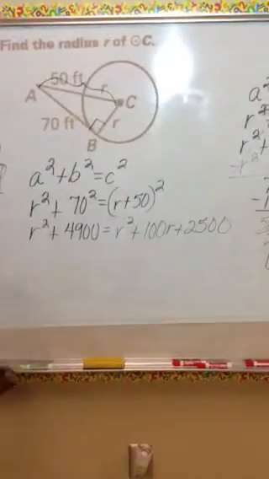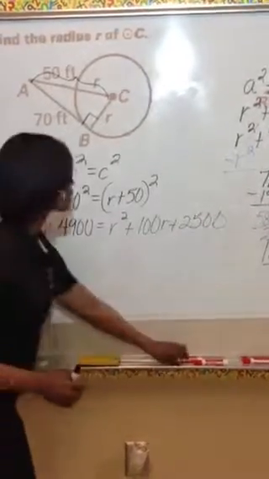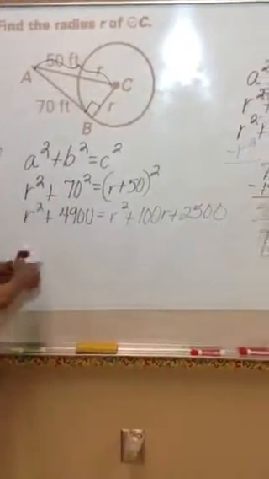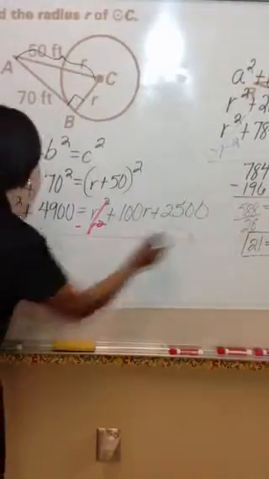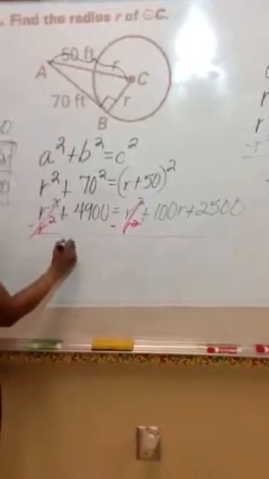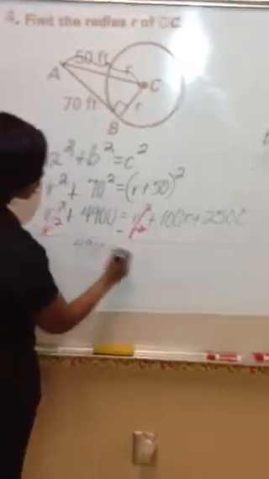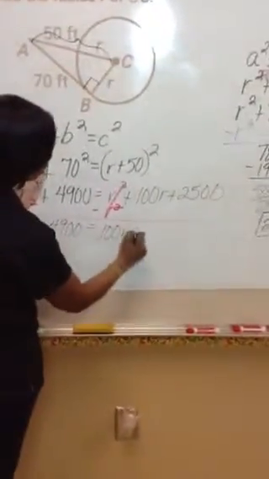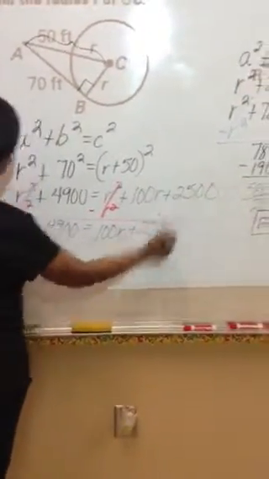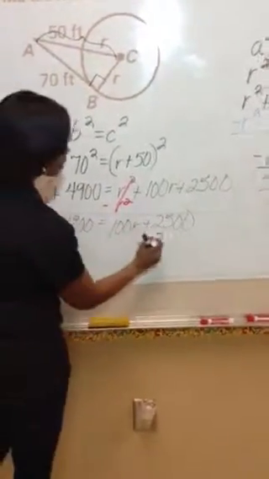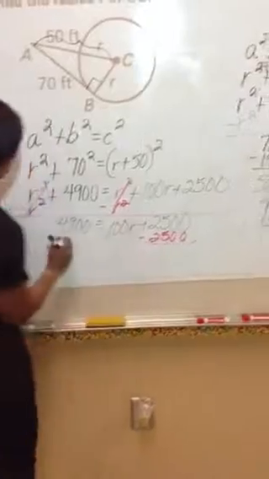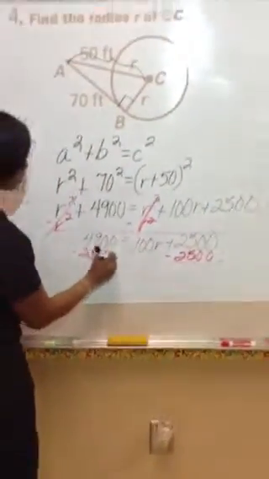Okay. All right, so now we want to simplify this, beginning with your quadratics. Minus r squared. They both cancel. That leaves 4,900 equals 100r plus the 2,500. Work ahead of me now. Which one of these is like the 4,900? Right, the 2,500.